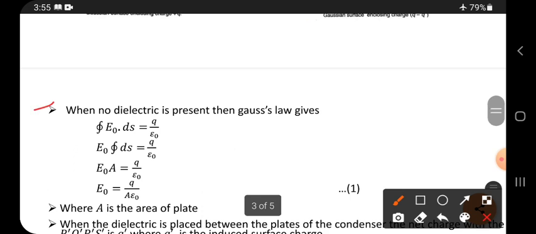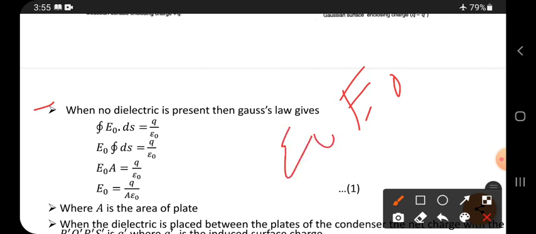Next, when no dielectric is present, then Gauss law gives, when there is no dielectric, the electric field is E naught, and the permittivity of space is epsilon naught. Naught indicates there is no dielectric.